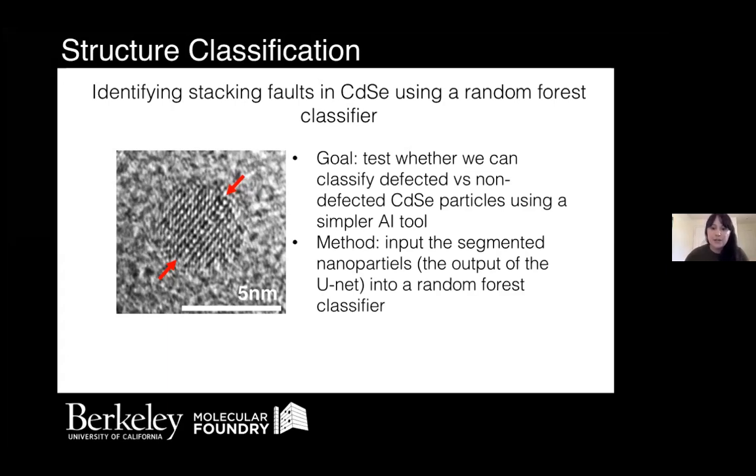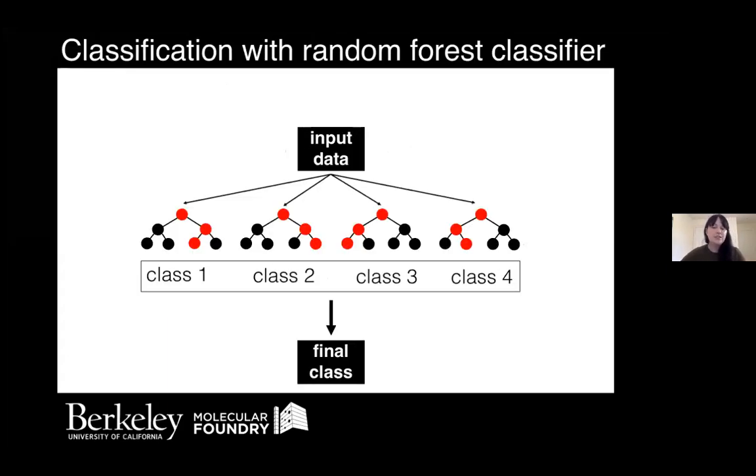So we decided to use a simpler classifier called a random forest classifier. This is essentially an ensemble of decision trees, basically flow chart style decisions. The first step is going to be a featurization of our data.